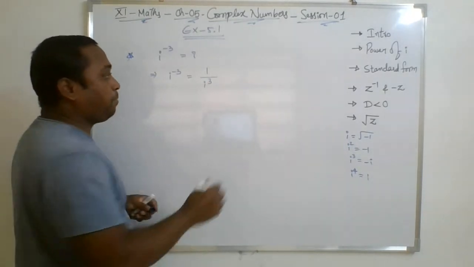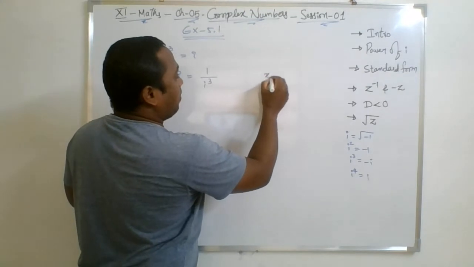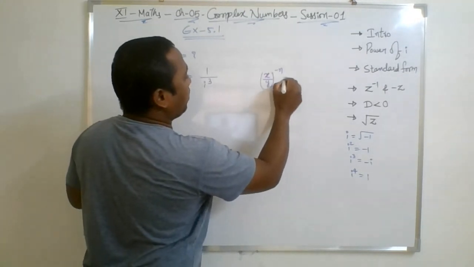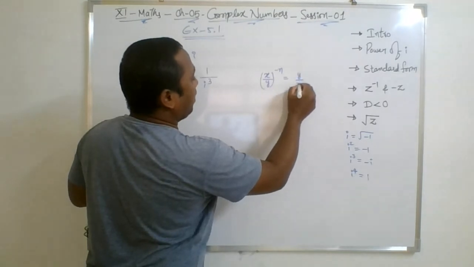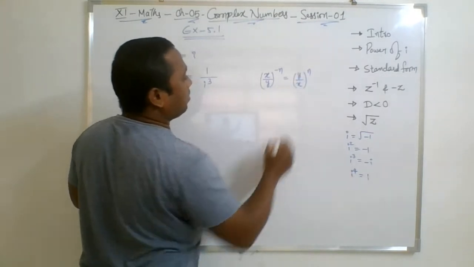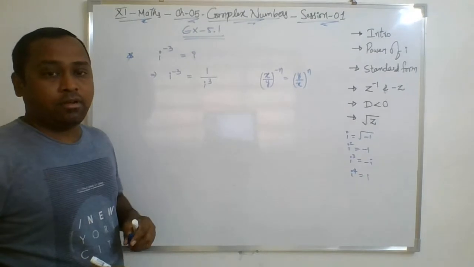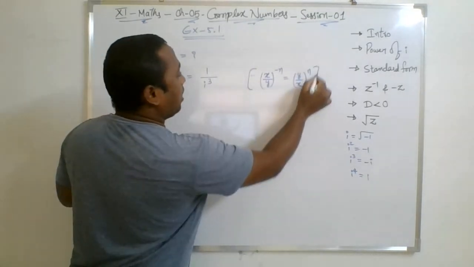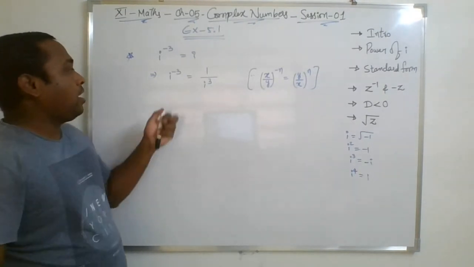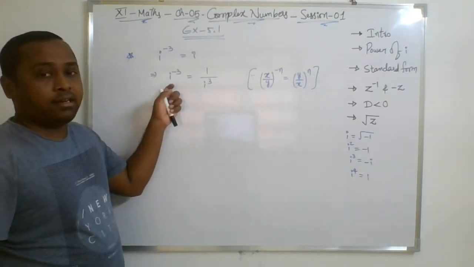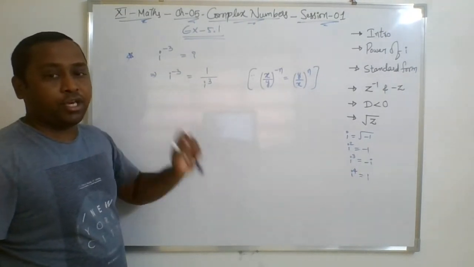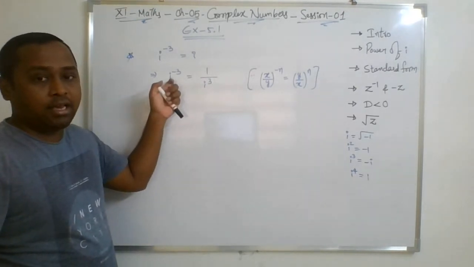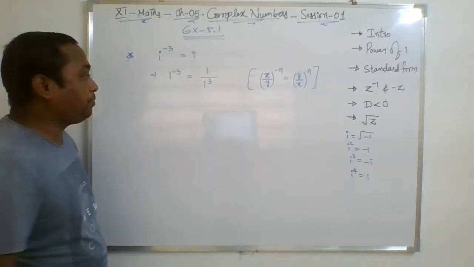You know that x by y whole to the power of minus n means y by x whole to the power of n. Reciprocal the base. Okay. So with the help of this identity, I would say that I power minus 3 can be written as 1 by I cube. It's simply just like x power minus 3 is 1 by x cube.